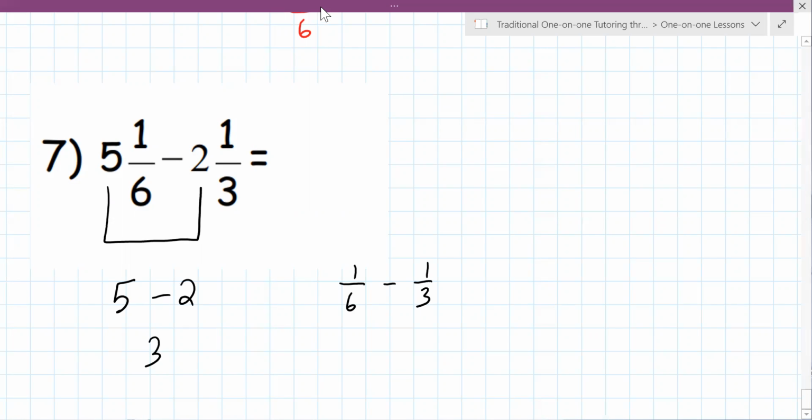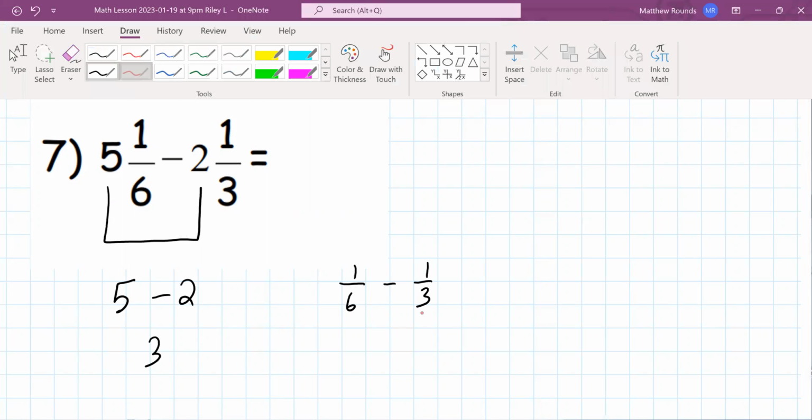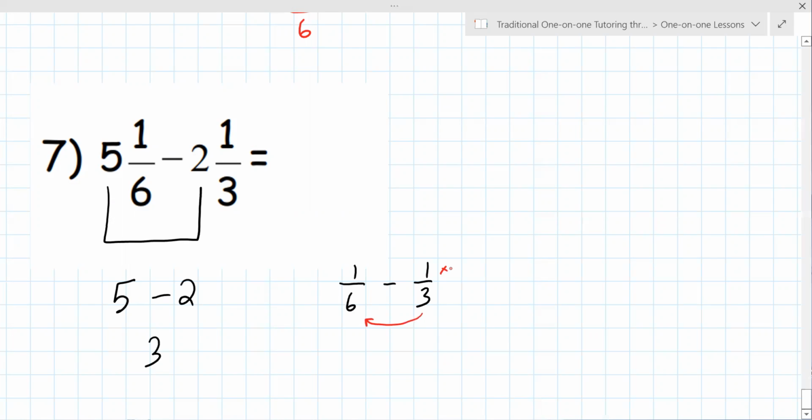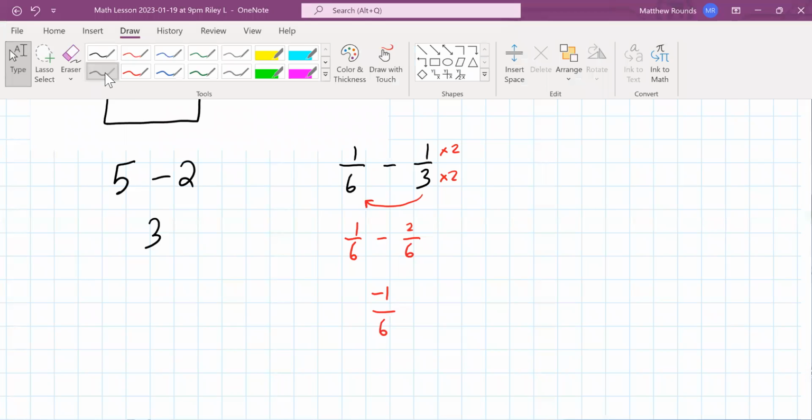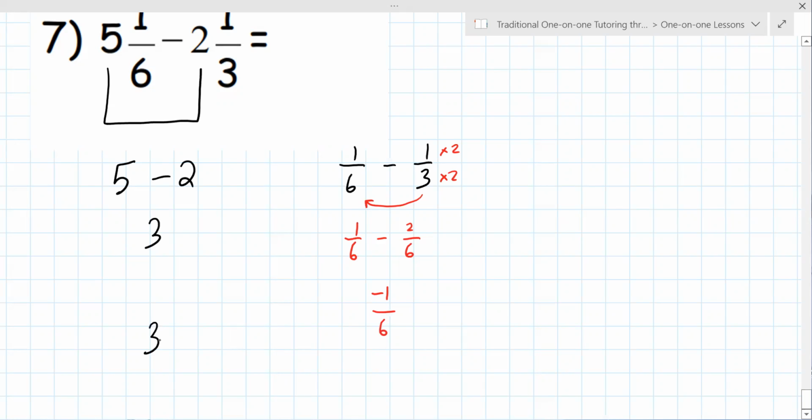This is that case where the 3 goes into the 6, so you just multiply the 1/3 by 2. Then 1 minus 2, that's -1. So the problem is you cannot write your answer as 3 and -1/6.